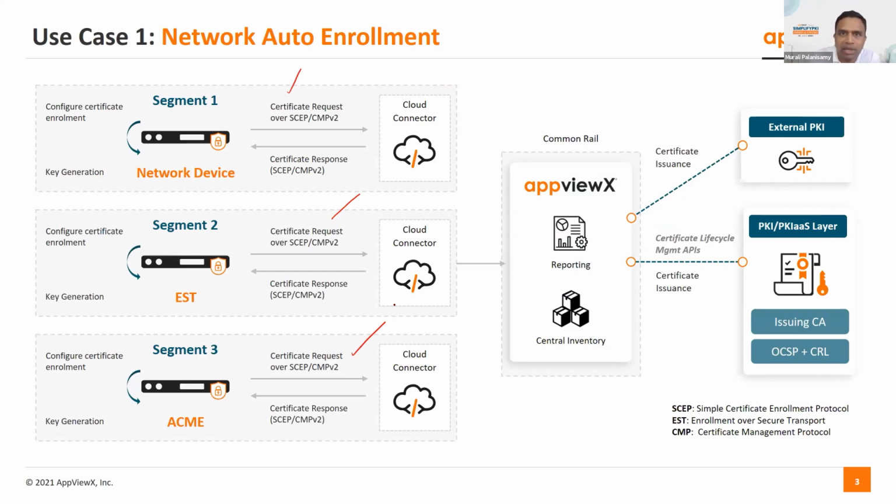What AppViewX enables, with the cloud connector, is that the cloud connector talks to the central common rail, where you can have AppViewX running. This common rail could be your internal common network, or it could be a cloud rail as well, depending on how you want to plan the deployments. You have a central inventory, central reporting.